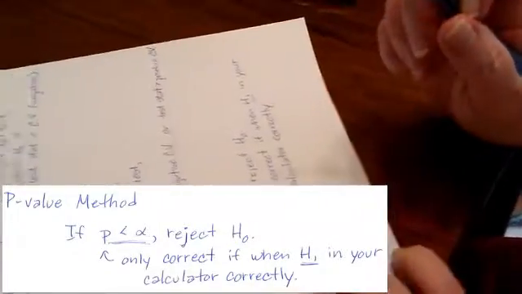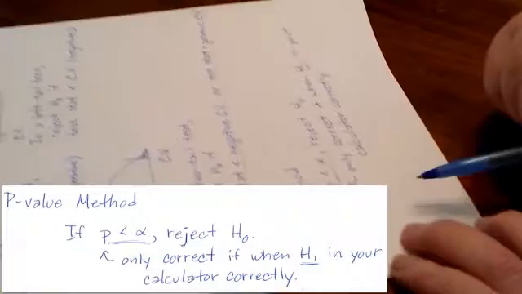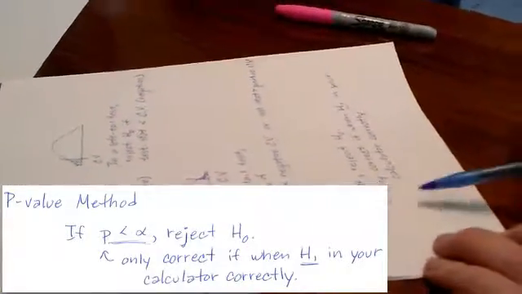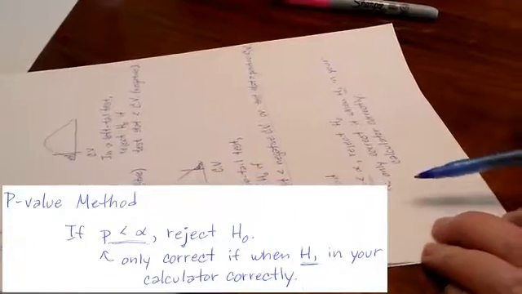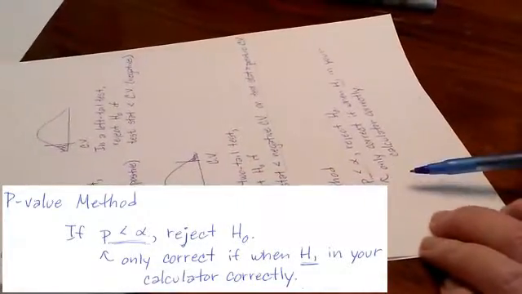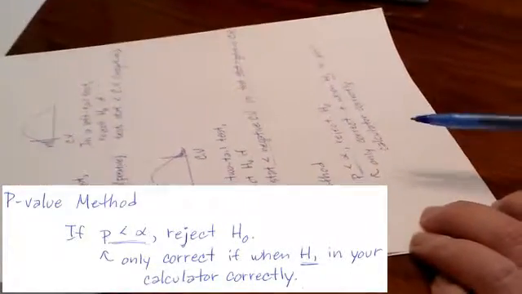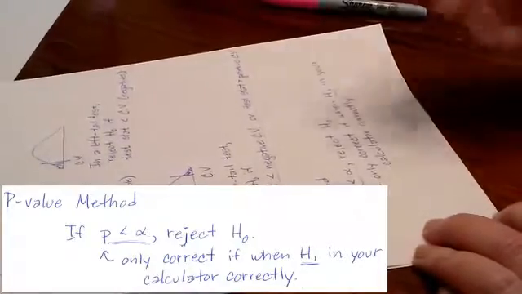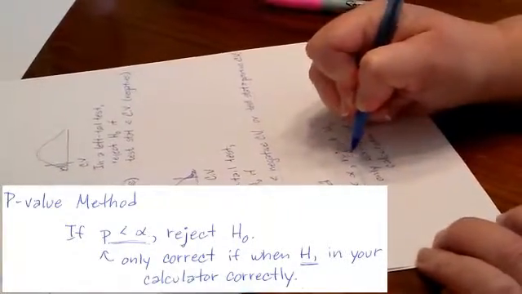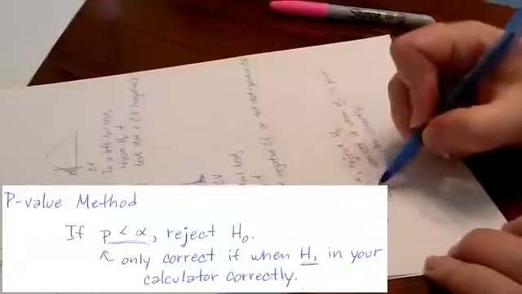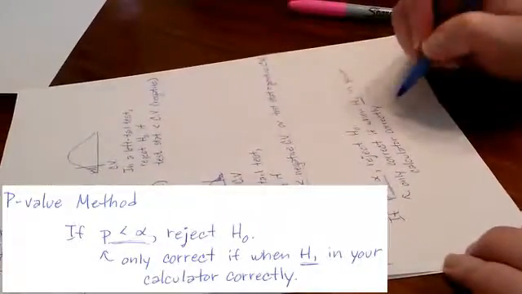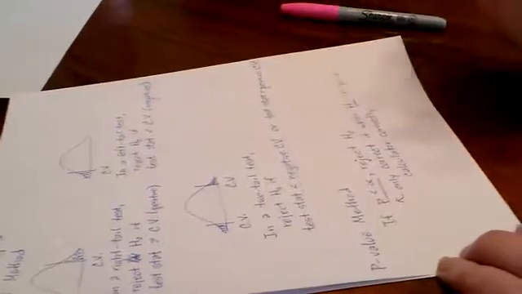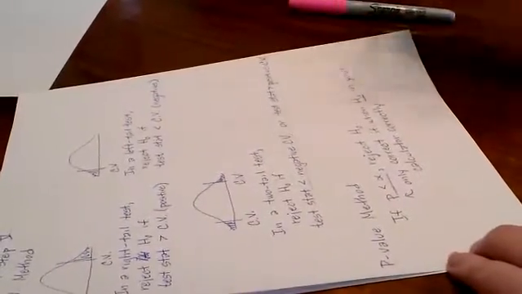A helpful rhyme that I have learned in my adulthood, this was not how my father taught it to me, says, if P is low, reject the null. So again, that's a nice little rhyme. It's easy to remember, easy to do. So make sure you're practicing putting this in your calculator correctly if that's the method that you're going to use.